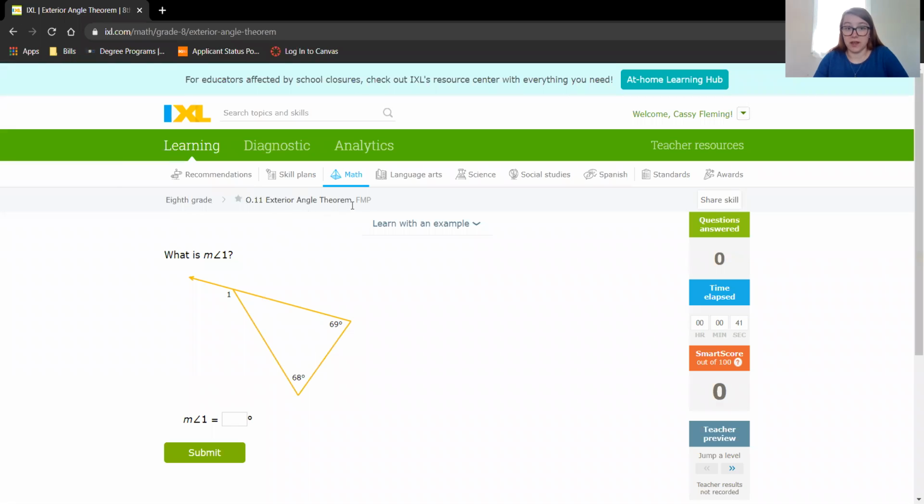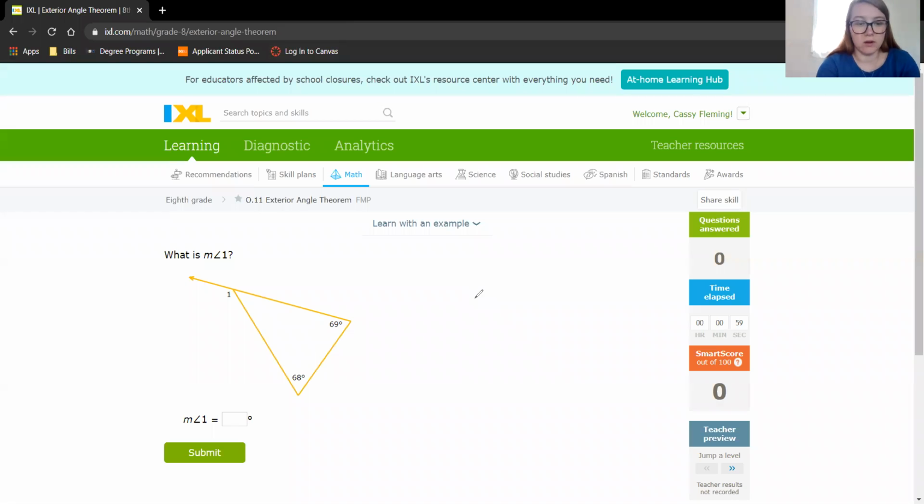So if we go to IXL, I've already opened up O.11, which is, again, exterior angle theorem. We know that to find the measure of the exterior angle, we can add together the opposite interior angles. So we just need to set it up.